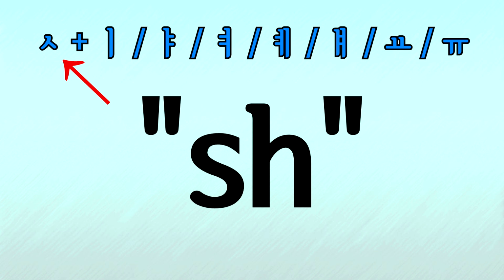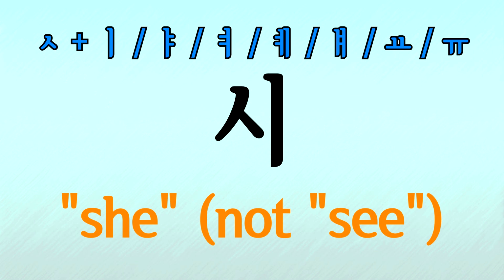Let's go on to our next sound change rule. Whenever you have the consonant siot followed by one of the vowel sounds i, ya, yo, ye, yo, or yu, it will become pronounced as sh instead of its usual s sound. For example, this syllable is pronounced she and not si like in English. This looks like a long rule, but just remember that this rule applies whenever you have an e sound somewhere in the vowel after the consonant siot.